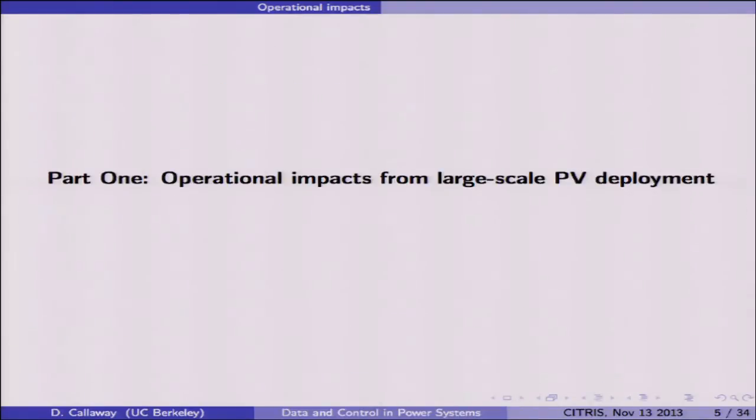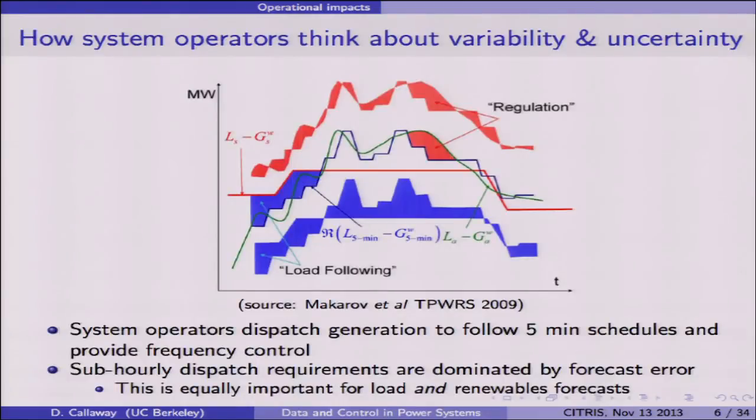Okay, so let's go ahead and I'll start talking specifically about the operational impacts work. And I'm going to do that with this somewhat nasty figure from the California ISO. But what I want you to get away from this figure is how system operators think about balancing variability and uncertainty.